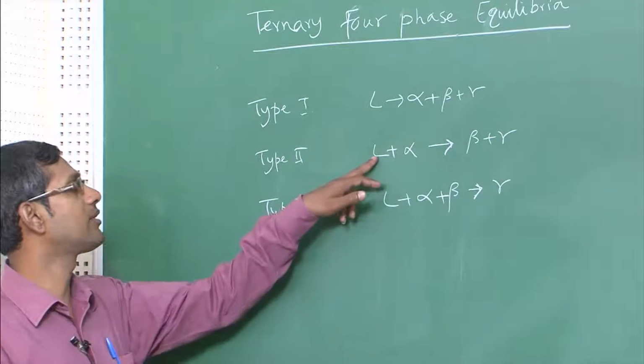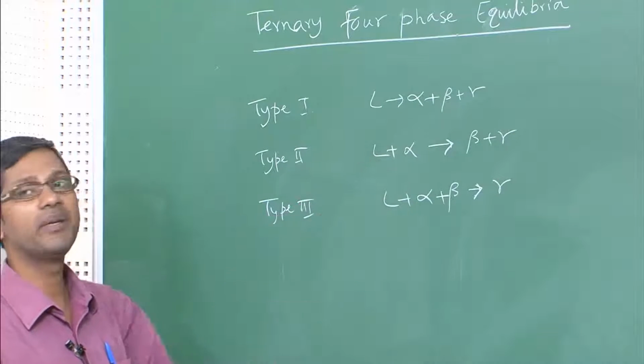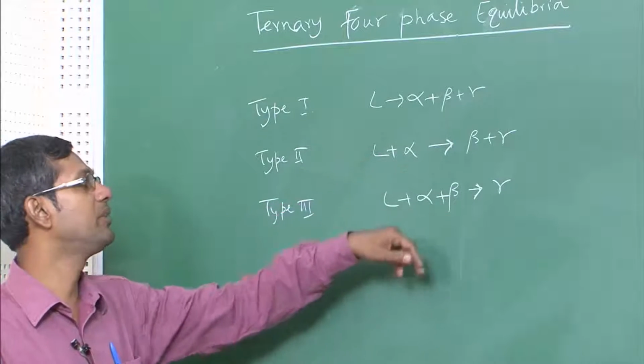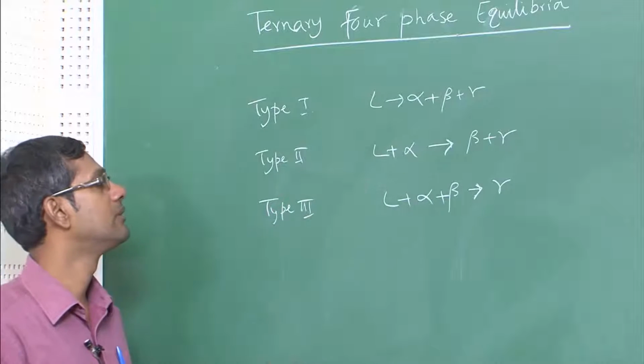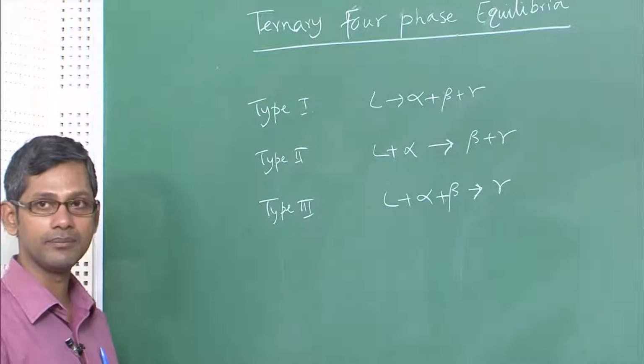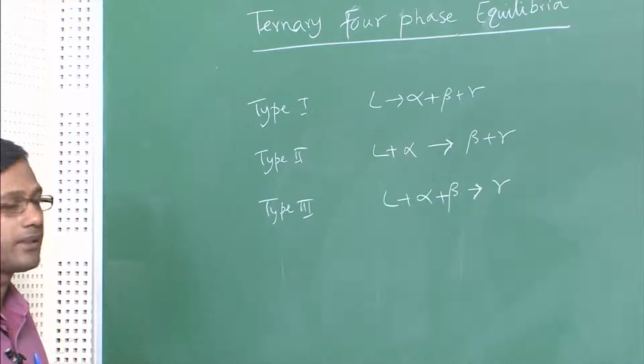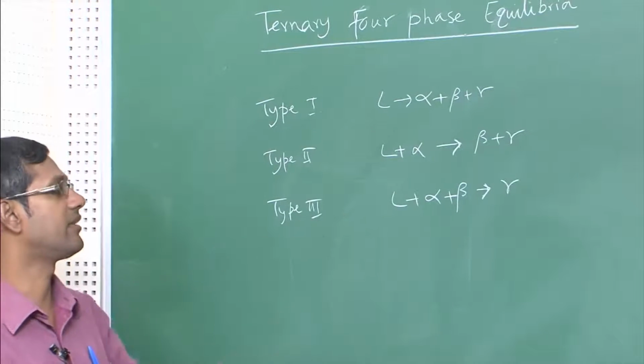This is known as quasi-peritectic because it can be either peritectic or eutectic type. Liquid plus alpha going to beta, or liquid going to beta plus gamma, both are possible depending on whichever is getting activated, but this is a truly peritectic reaction.